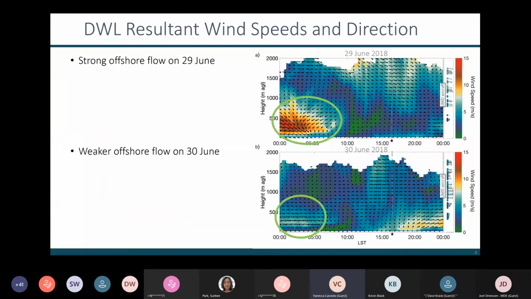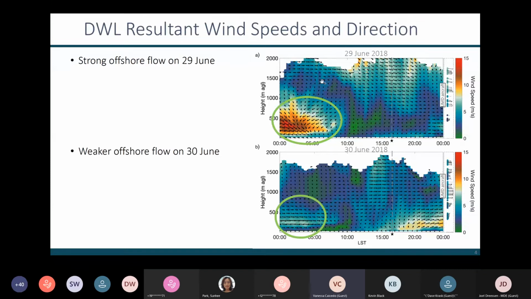So the first thing we did was look at data from the wind lidar, really looking at that Bay Breeze dynamics over the water. Now, this lidar is a scanning lidar, so you'll see quite a bit of different types of data coming from it, but this is just the overall wind speeds and directions. For these 2 days, we're looking at the beginning of the day, starting off with consistent vertically offshore flow throughout what we're measuring here.